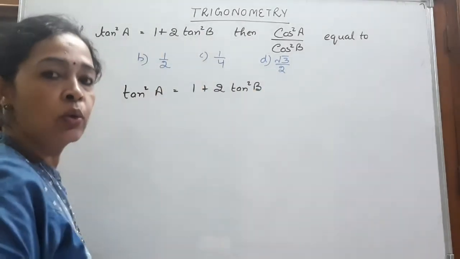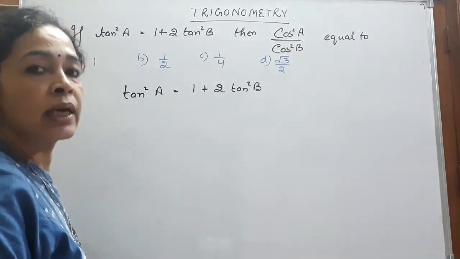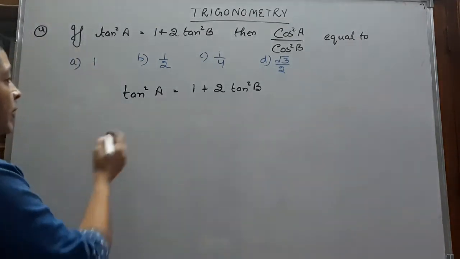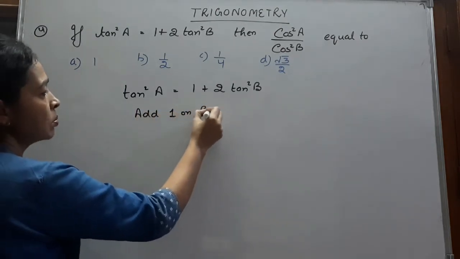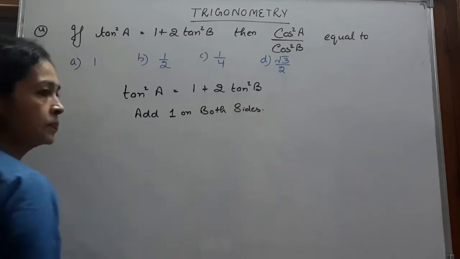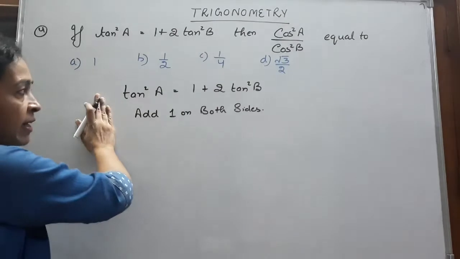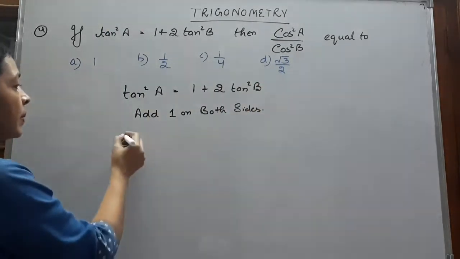Now, we know if we add equals to equals, then the wholes are also equal. What we do? We add 1 on both sides, left hand side and right hand side. If we add 1 in the left hand side and 1 in the right hand side, the wholes are again equal.